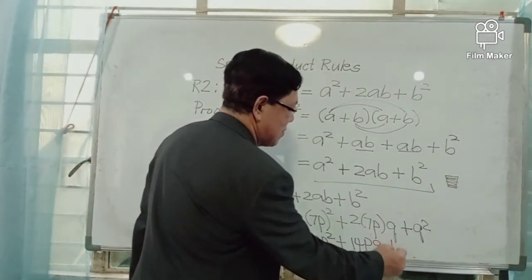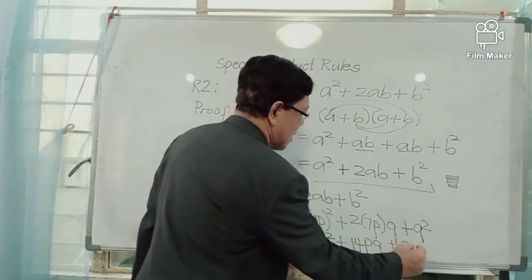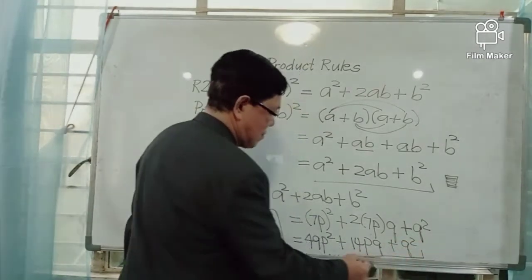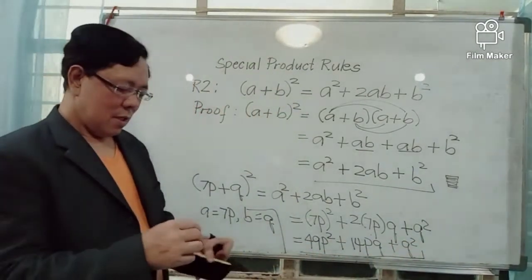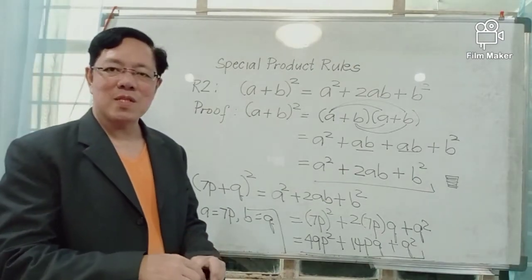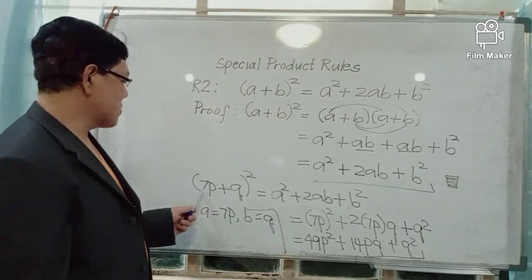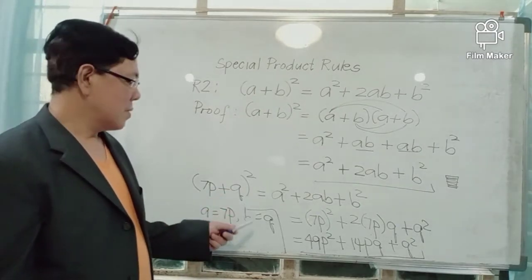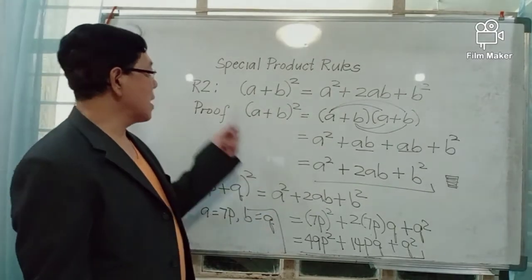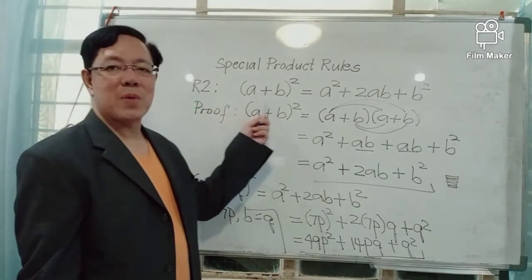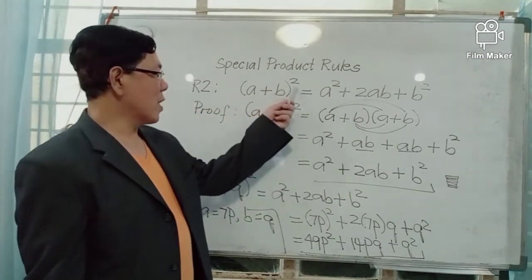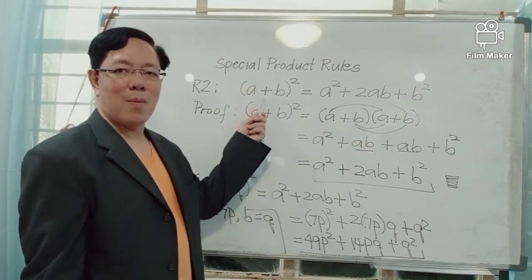And the last term is the square of q. That's the square of the given 7p plus q, obtained by applying the second special product rule, the square of a sum.